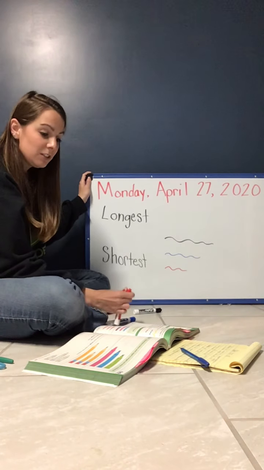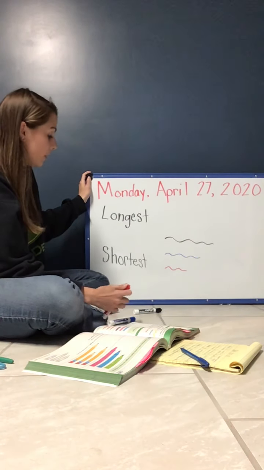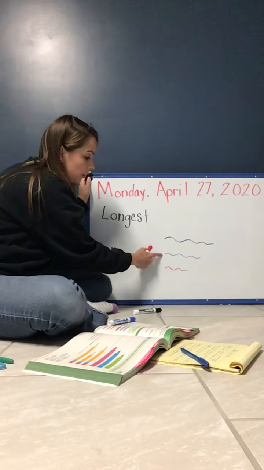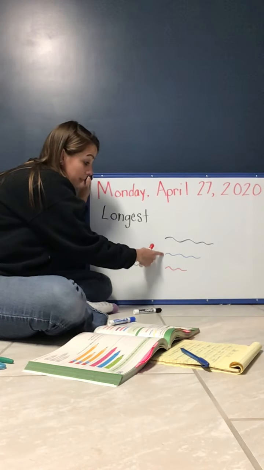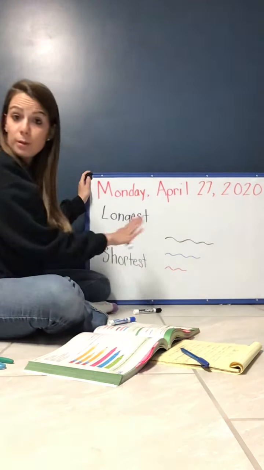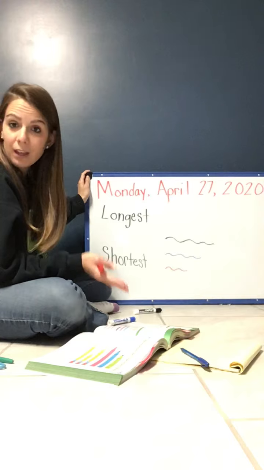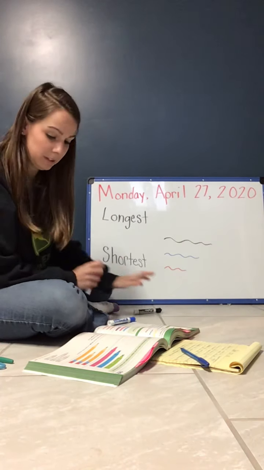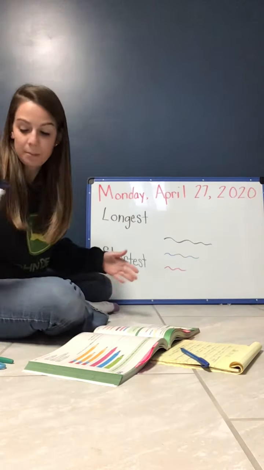So we have these ordered from longest to shortest. You can see how this worm is longer than the blue worm. The blue worm is longer than the red worm, and the red worm is shorter than all of the other worms.